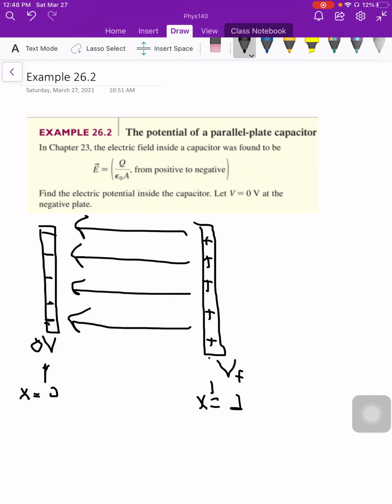Okay, so our equation that we're going to use is V final equals the initial potential minus E dotted with ds.